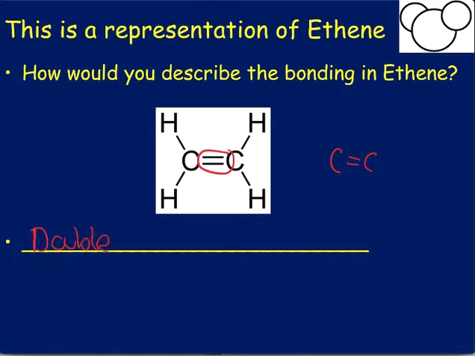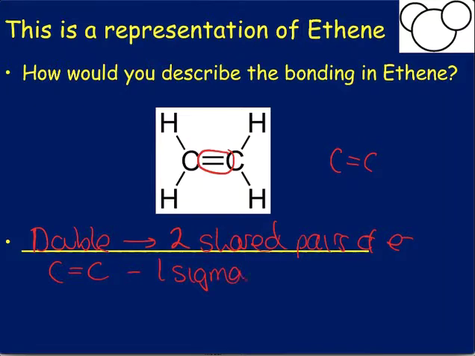In terms of how many shared pairs of electrons, you now know that there should be two shared pairs of electrons in here. And we talked the last day about describing the carbon-carbon bonding. It is described as having one sigma bond and one pi bond. And we're going to go into detail today about what these things look like.